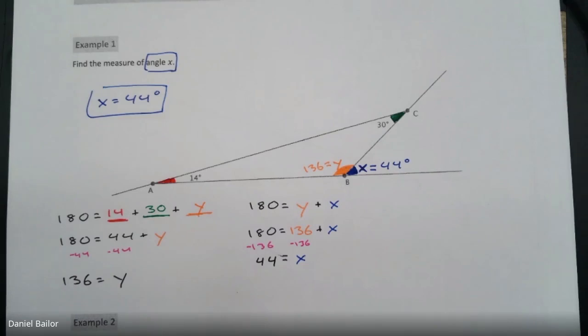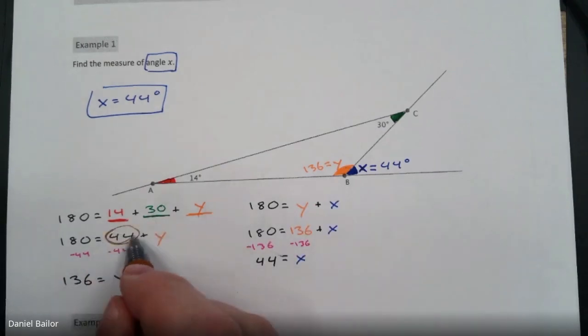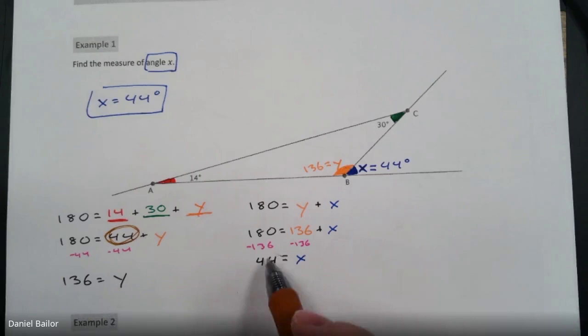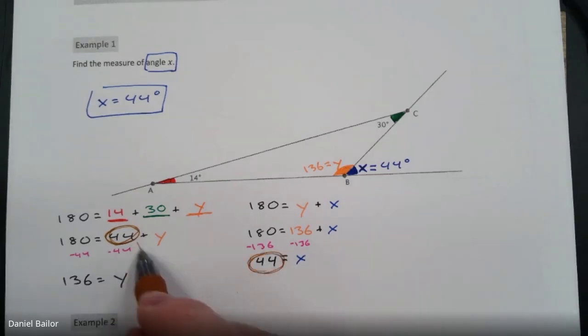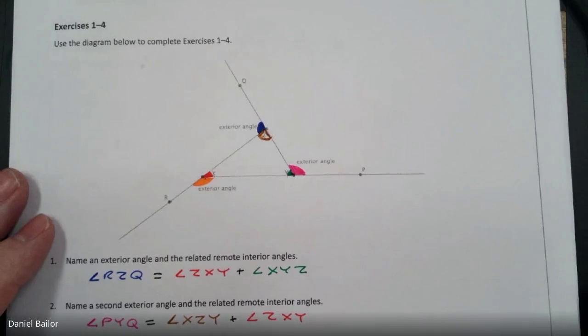And you might even see the shortcut right now because you saw that there's a 44 over here, and the answer was 44. Because remember the last page, page 149, we talked about how the outside angles are connected to the inside angles.